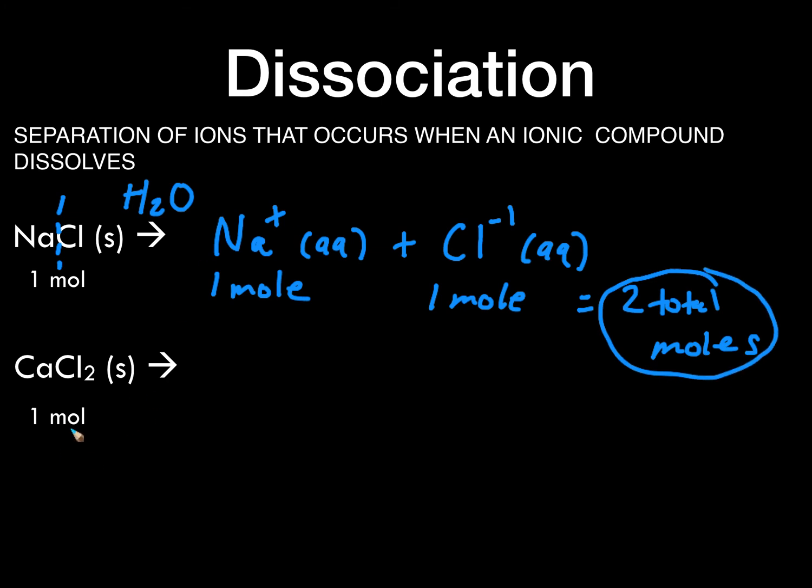Now the next one, we have CaCl2. It's a solid. Remember, water is a catalyst. You do not need to put it, but just make sure it's a catalyst, not a reactant. And that will break apart into Ca plus 2 and 2 Cl minus 1.